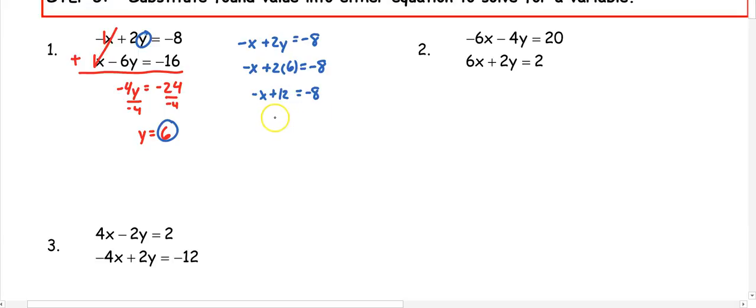We can subtract 12 from both sides, so negative x equals negative 20. And when we divide, we get that x is positive 20. So our ordered pair here would be 20, 6.